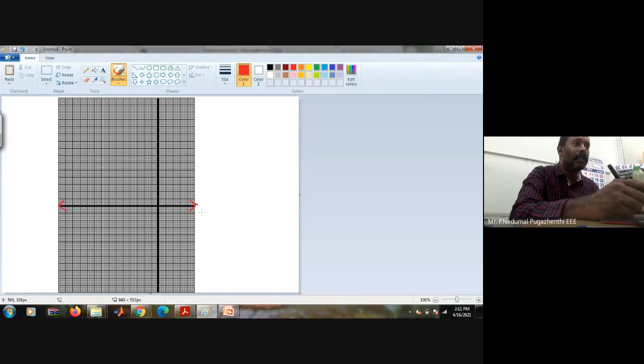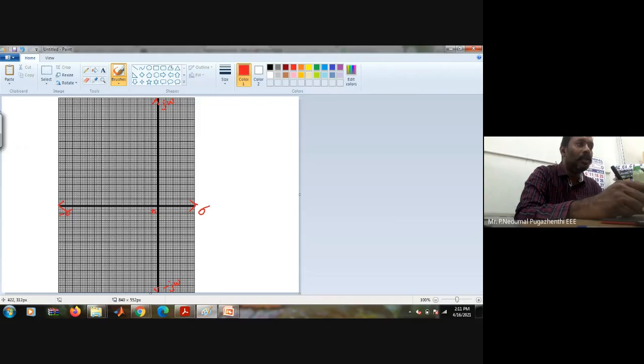I have divided it. This is going to be sigma, this is minus sigma, this is j omega, and this is minus j omega. So this is 0. I will choose every 2 points, with this particular scale.